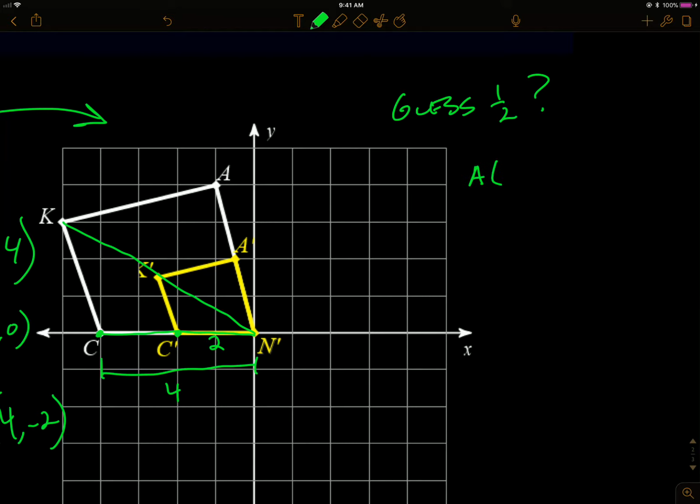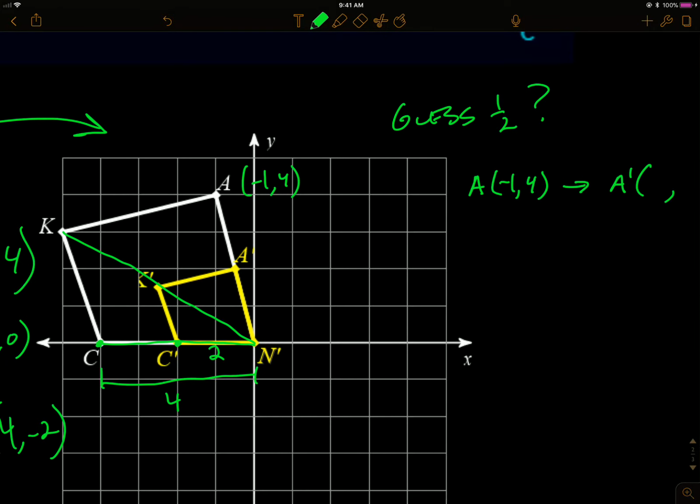The coordinates of A are negative 1, 4. And then I can compare and see what the coordinates of A prime are, and then I can figure out the scale factor. A prime looks like it's negative 1/2 and then up 2. Let's do that with C. C is 1, 2, 3, 4, so it's negative 4, 0.